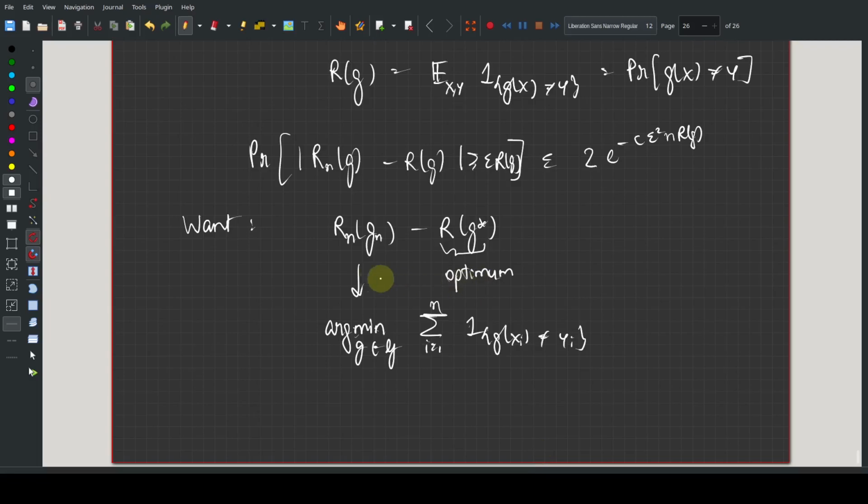So this Rn of Gn is no longer just a summation of IID Bernoulli random variables. It's a minimum of a summation of IID random variables minimized over a certain function class. Correct? So for this particular quantity, I can't really use a simple Chernoff type of bound. Do you see why that is the case?